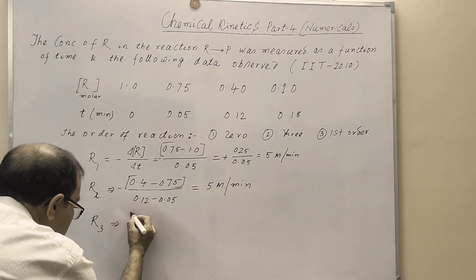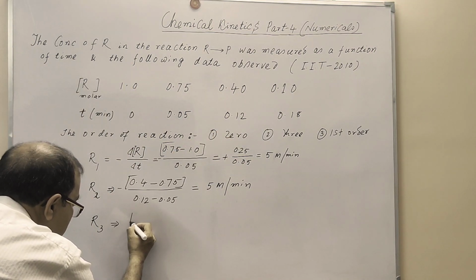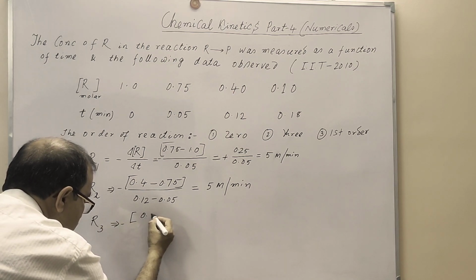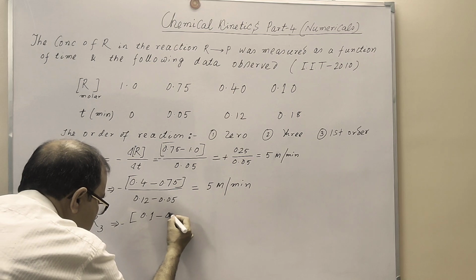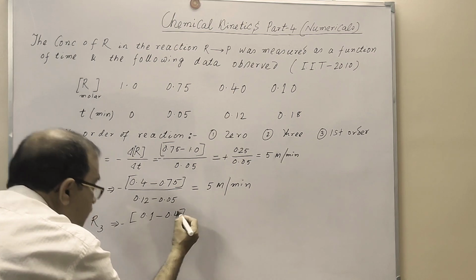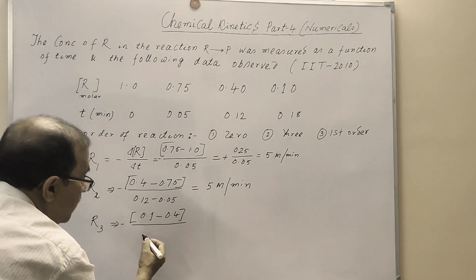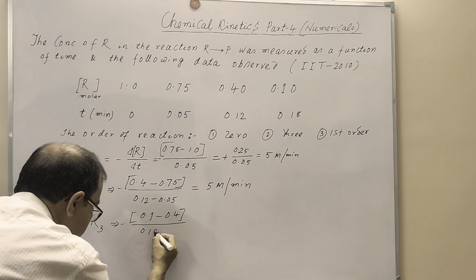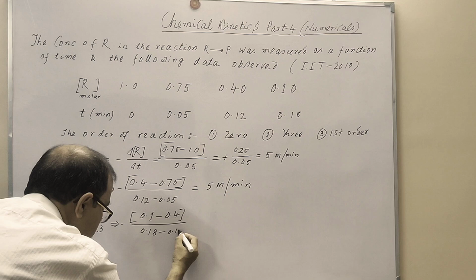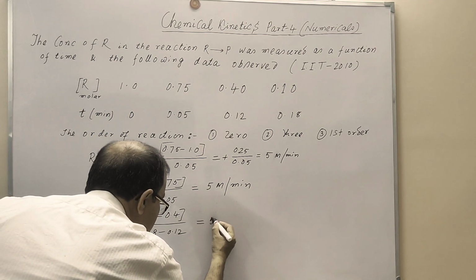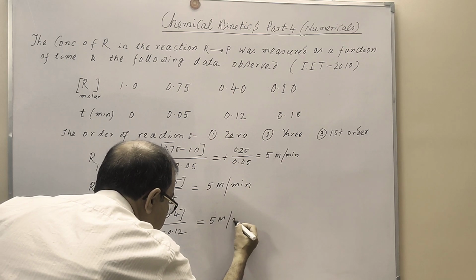So we can write this also: minus (0.1 minus 0.4) divided by (0.18 minus 0.12), and if you calculate this, it will also come to around 5 moles per minute.